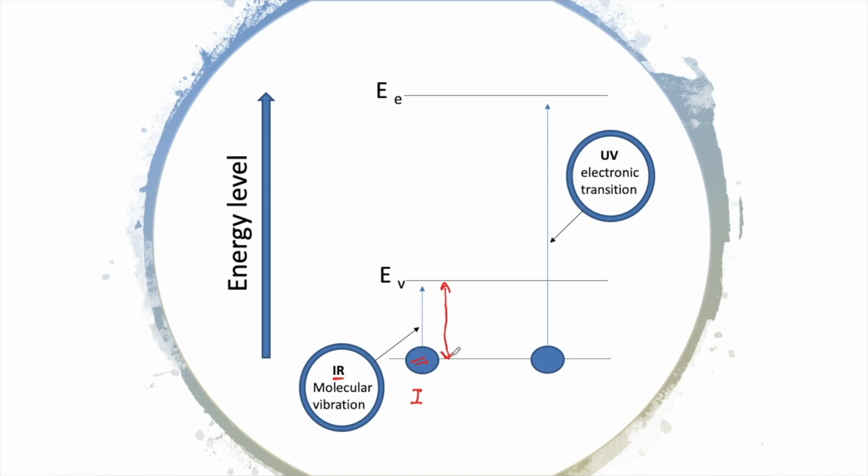And in case 2, the particle in the ground state is showing the electronic transition by absorbing the UV radiations, whose energy is equal to the energy difference between these two levels.